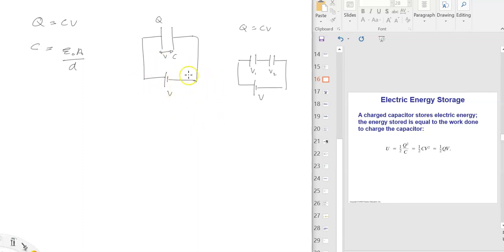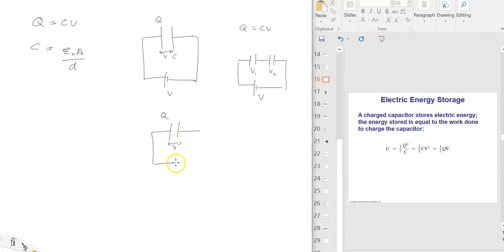Now if you remove it from the battery, what we have is a charged capacitor, total charge of Q with a voltage V across it. This thing itself acts like a battery, like a voltage source, and then we can use this in place of a battery.